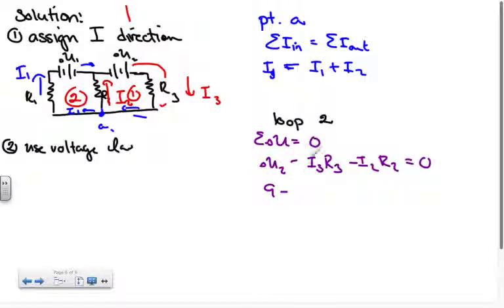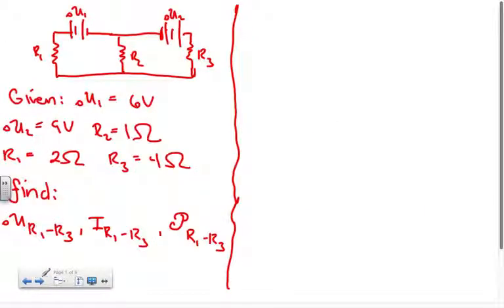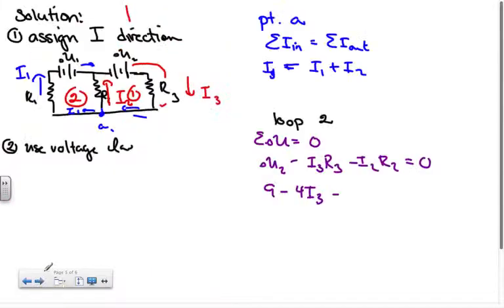So 4 I3. And of course, mathematical convention dictates that we put the coefficient up front. And R2 is 1, so it's just going to be minus I2 equals 0. And you can leave it like that if you want.